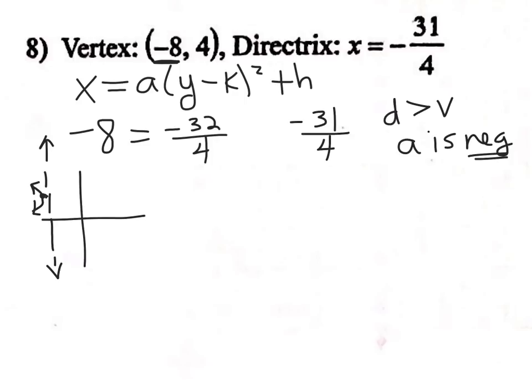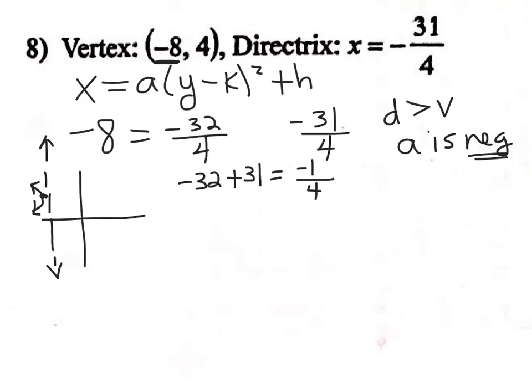So what I need to determine is, well, how many units away is my directrix from my vertex? Well, you can find that out by adding and subtracting these numerator values. So if I take a negative 32 and I add 31 to it, I get a negative 1.